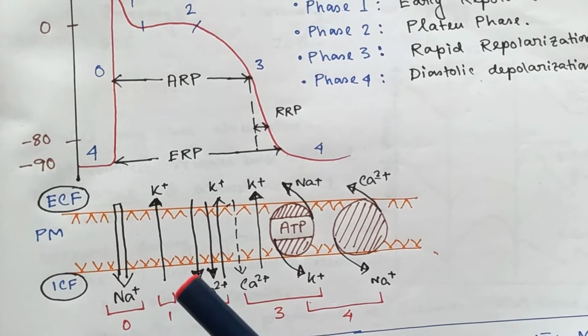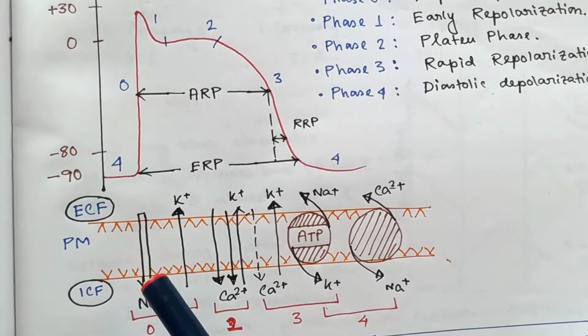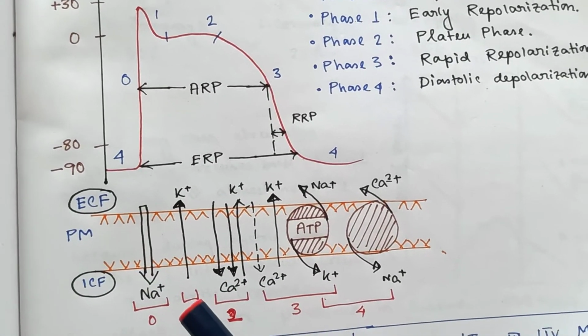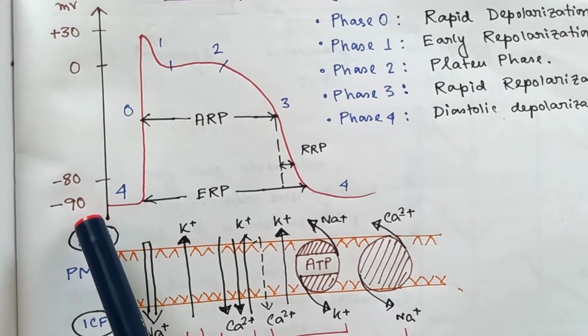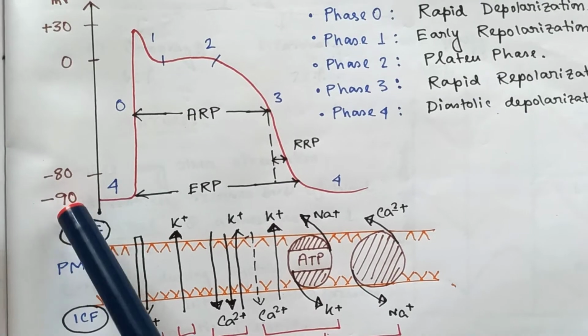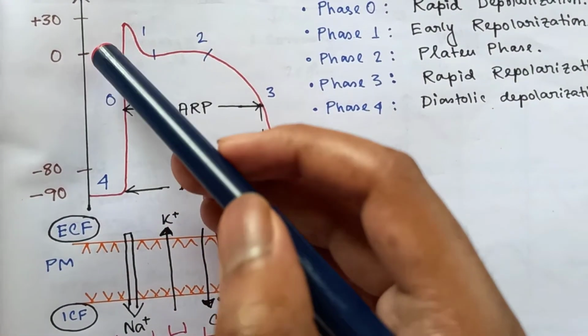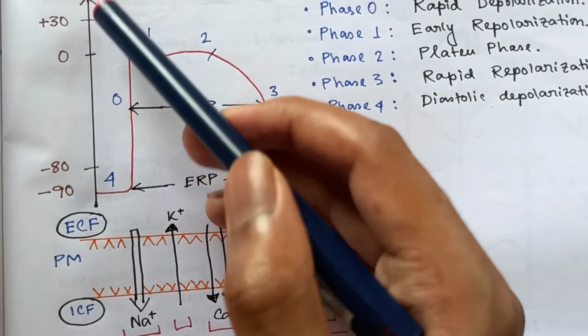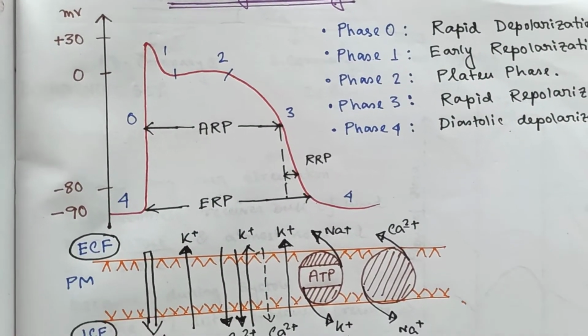So, phase 0, which denotes the rapid depolarization, results due to sodium entry into the cell or myocyte through the fast inward sodium channels, and the cell membrane's electrical charge changes from minus 90, that is from more negative to less negative, and gradually it reaches 0 and then finally the positive value of plus 30 millivolt.